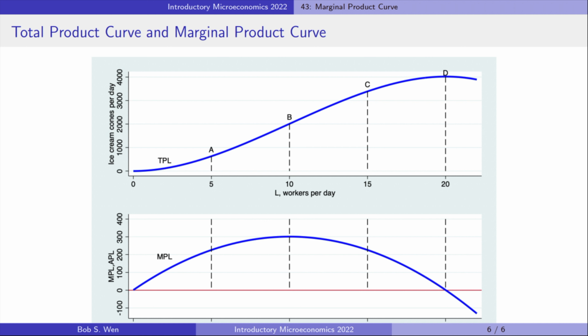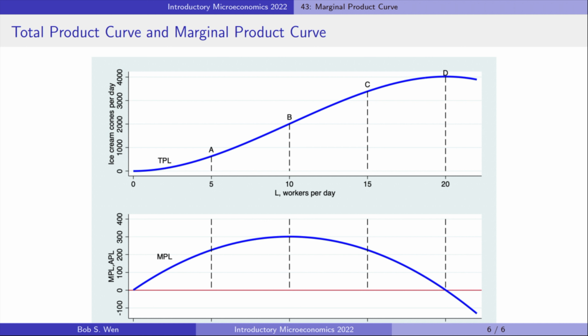Each worker becomes more productive, and therefore the output increases more than double. Since the ice cream machines are not fully used, employing more workers can increase each worker's productivity. This is the part of the curves before point B. The marginal product increases, and the total product increases at an increasing rate.